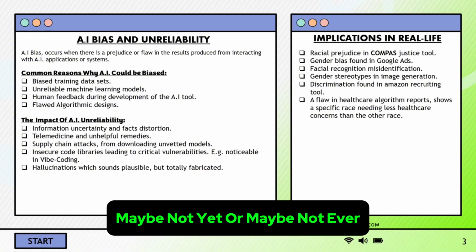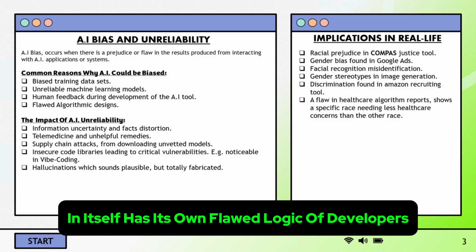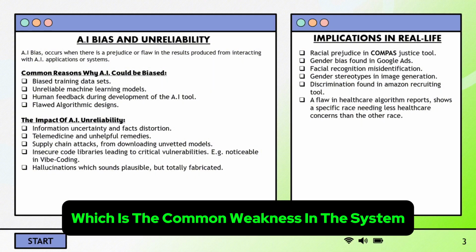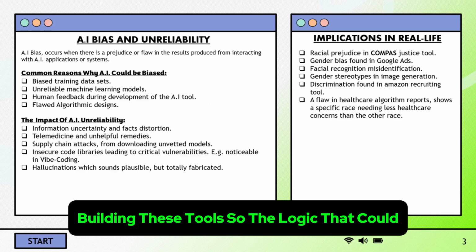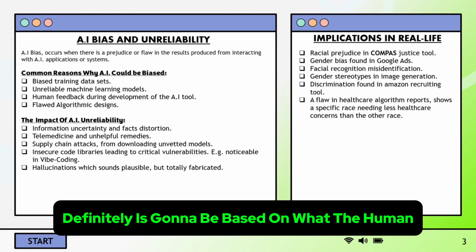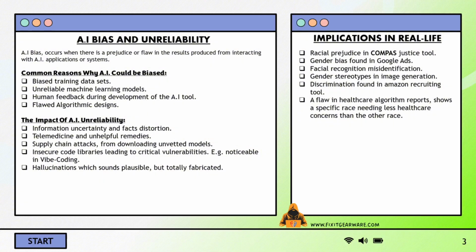Maybe not yet, or maybe not ever, because AI in itself has the flawed logic of developers. In this case, we are talking about the human, which is the common weakness in the system building these tools. So the logic used in developing these models definitely is going to be based on what the human that built this model programmed into that tool.